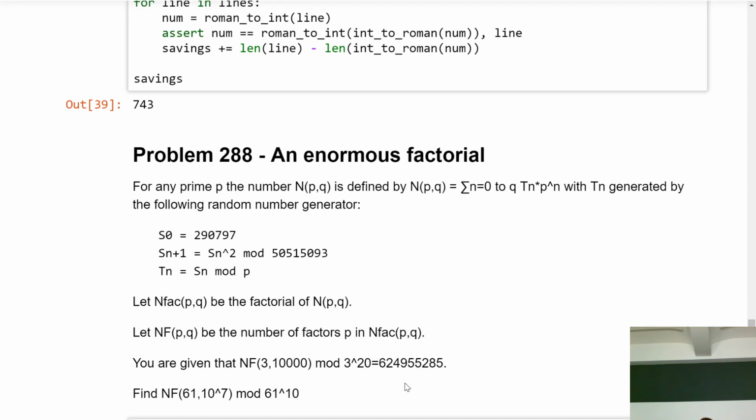And then what we do, we take this NF and we do mod 3 to the power of 20, and we have the result. So you're saying that because of this we can assume what? So mod 3 to the 20.